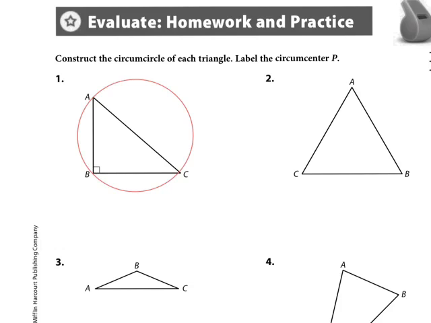So we measure this segment here in blue and find out what the midpoint would be. And you can use that as your center of the circle. You can do that for each of the triangles that you were given.